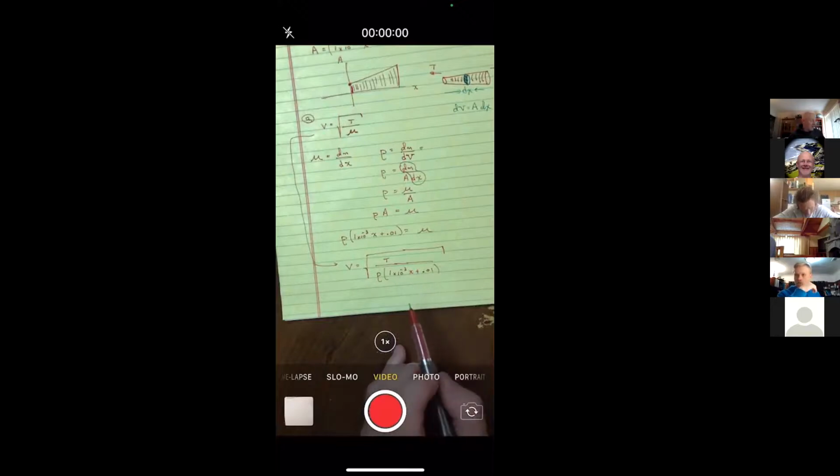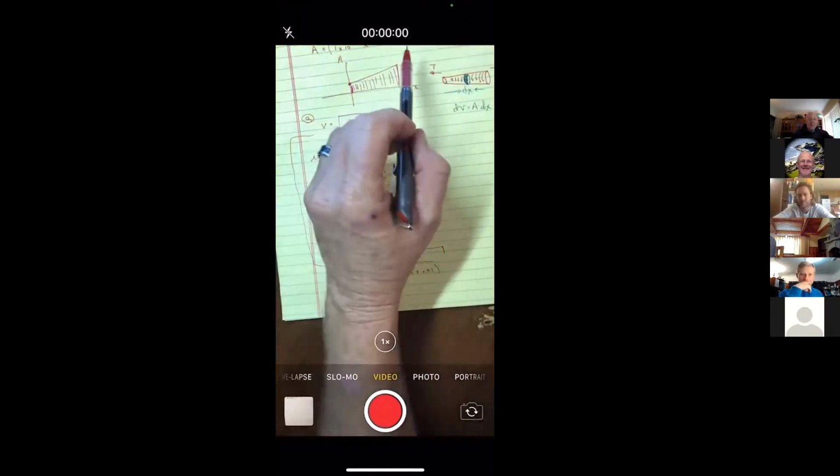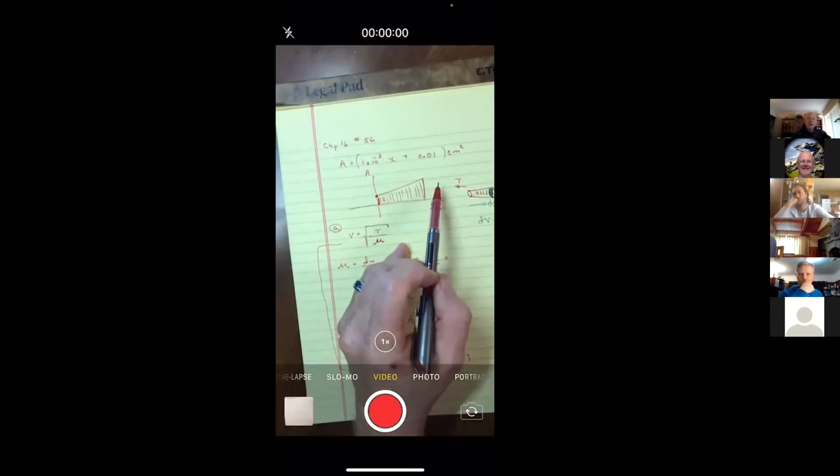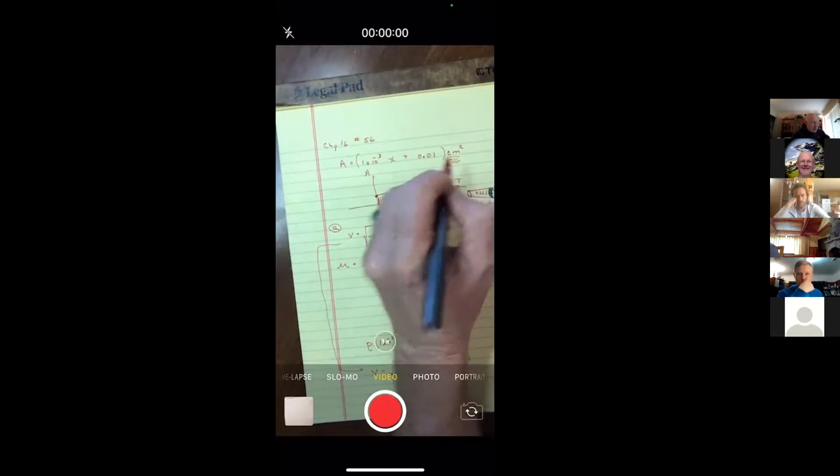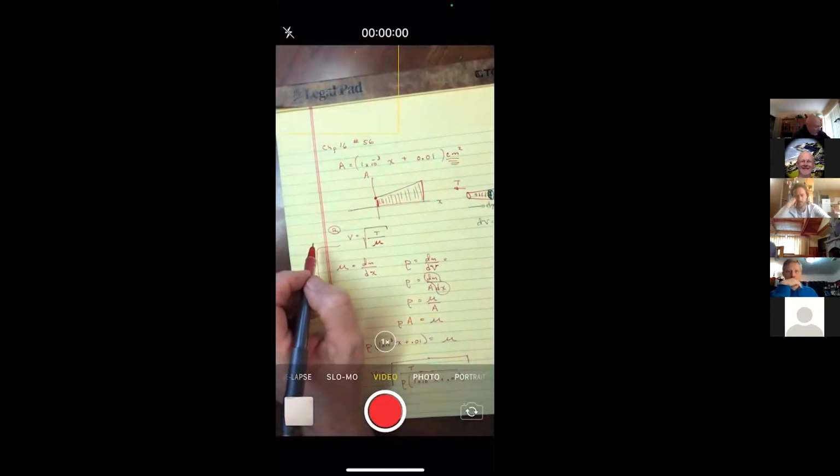Oh, and let me be very careful. I should watch my units. I'm going to jump back up to this equation. They said square centimeters.